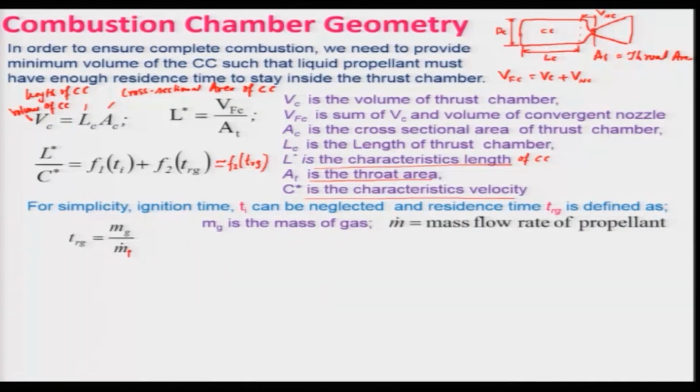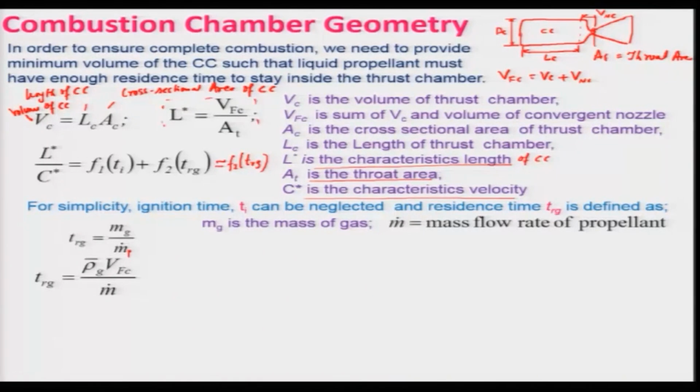TRG can be written in terms of the average density of the gas and VFC, the sum of the combustion chamber volume and the volume of the convergent portion of the nozzle. Keep in mind that density will change along the length of the combustor and the nozzle portion, as the pressure changes as well, and therefore we will be using the average value.